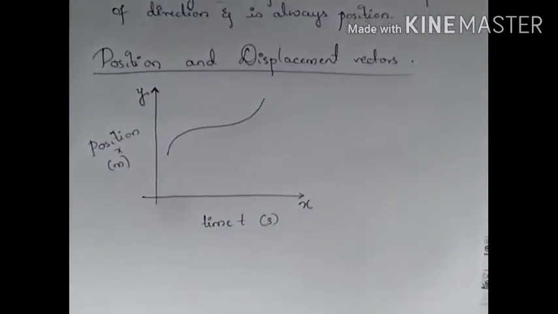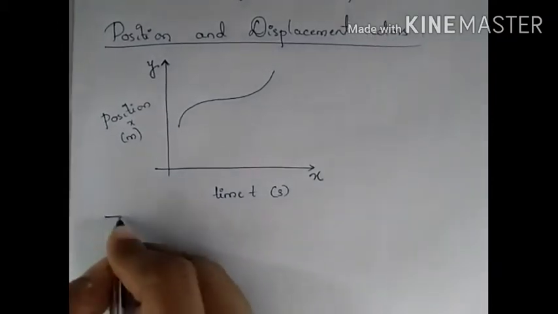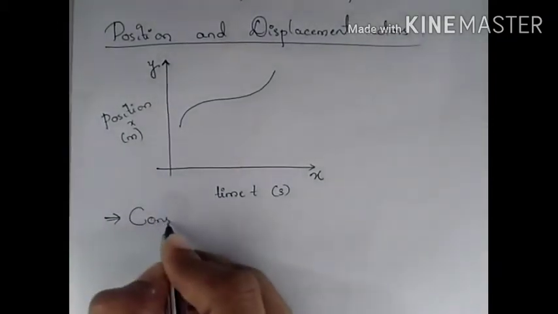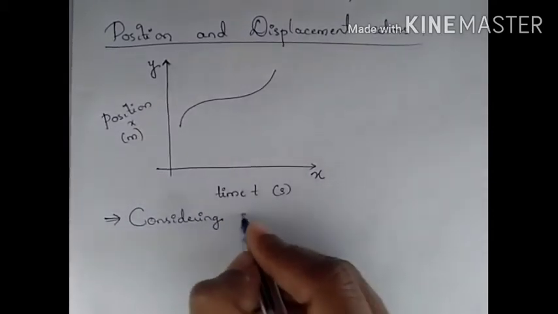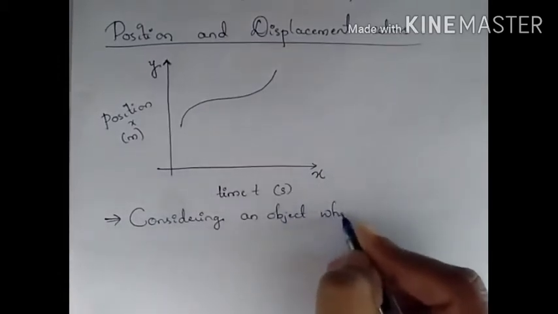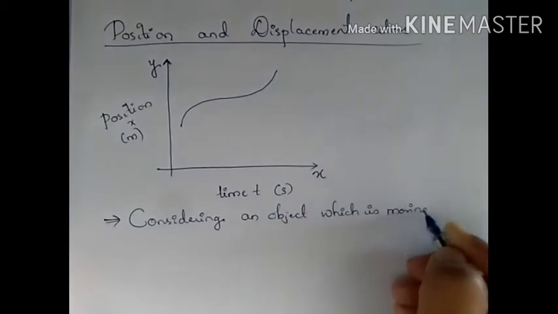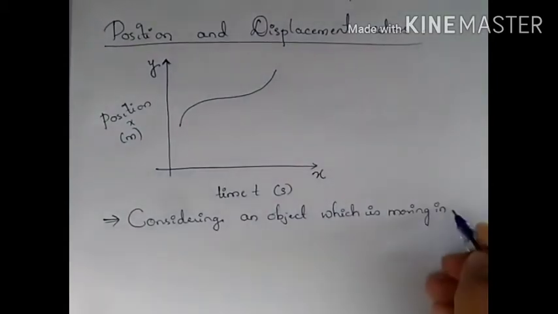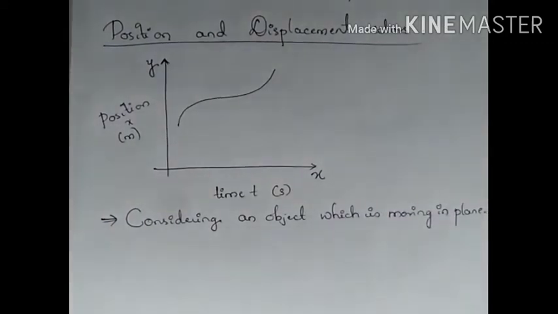So now to describe a position vector or a displacement vector, you are considering an object which is moving in a plane. Next, we have to choose the origin.